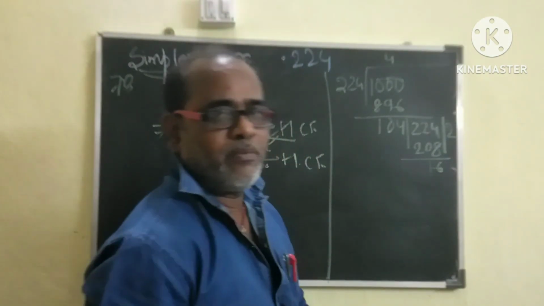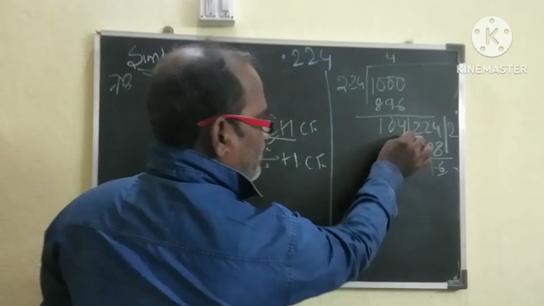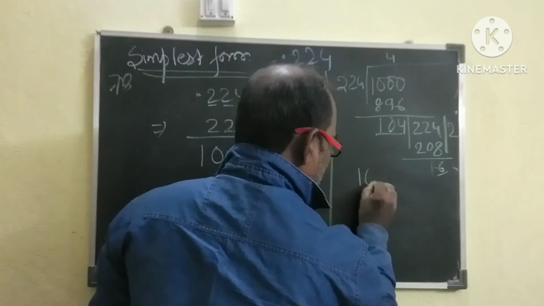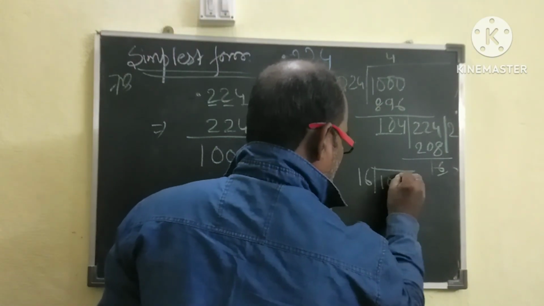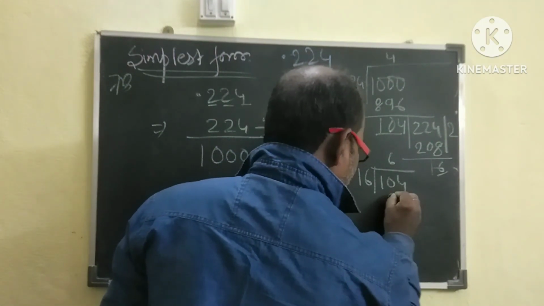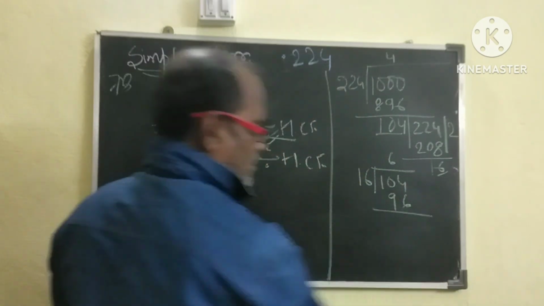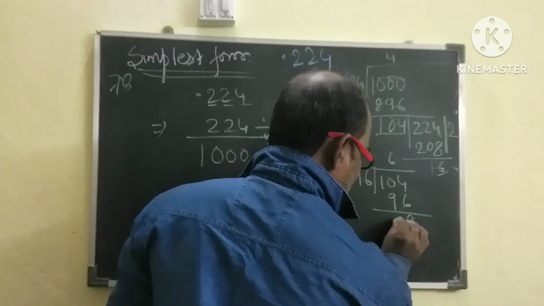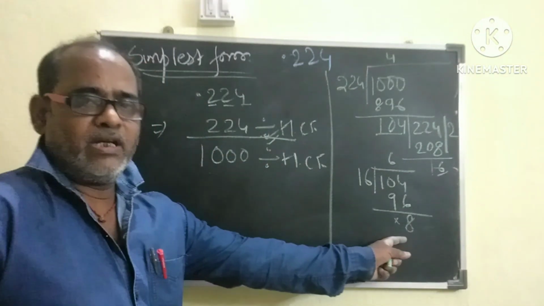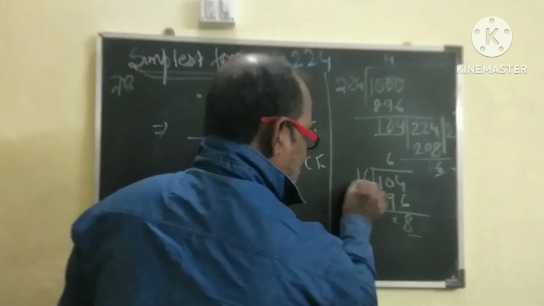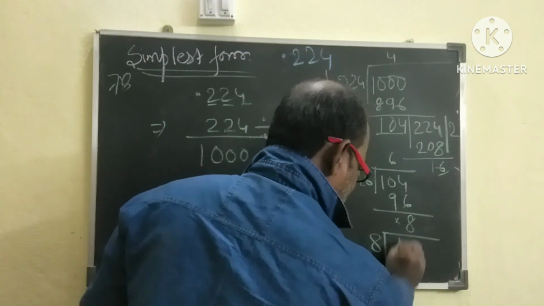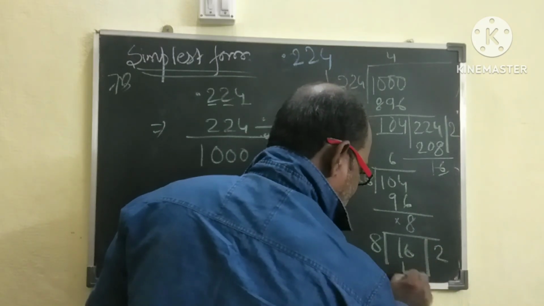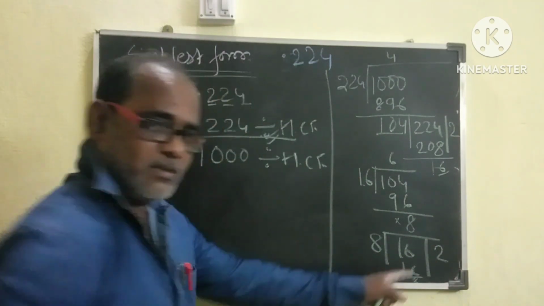Still we don't have remainder 0. Now with 16 we have to divide 104. 16 6s are 96. Still we didn't get remainder 0. Now 8 and 16. 8 2s are 16, remainder is 0.